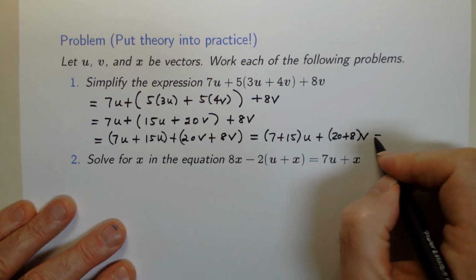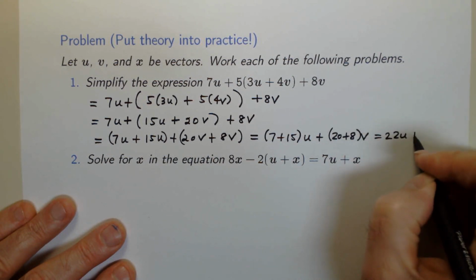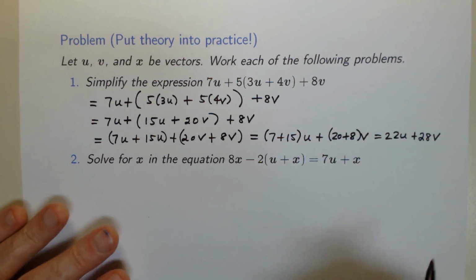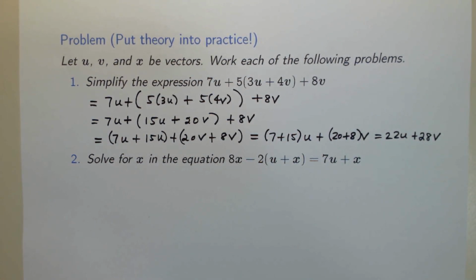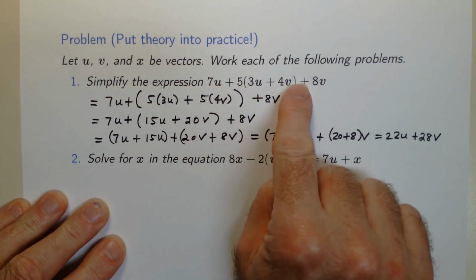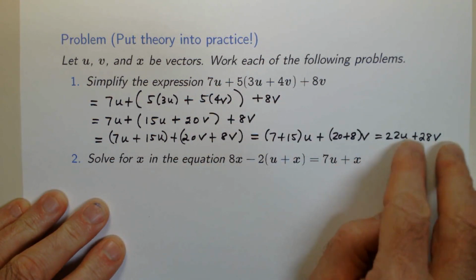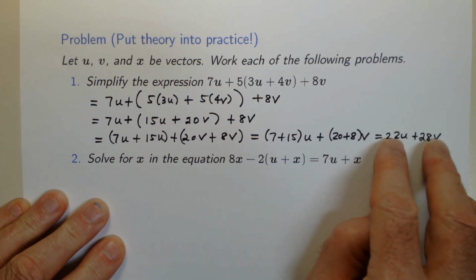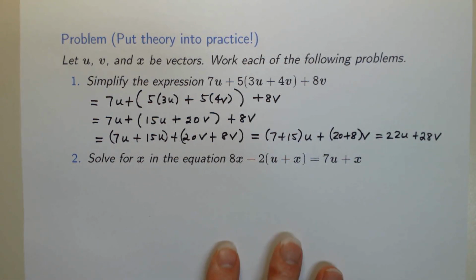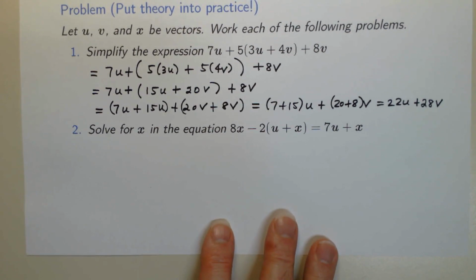In other words, 22u and 28v. That's what I would call a simplified expression of the original expression. I've taken something that was as involved as this and broken it down into a simple combination of u and v, 22 times u and 28 times v. So that's the end of part 1.